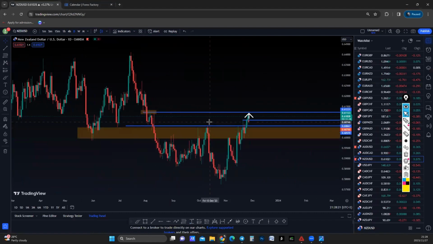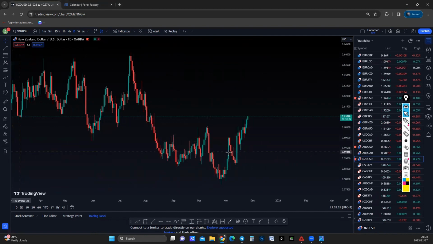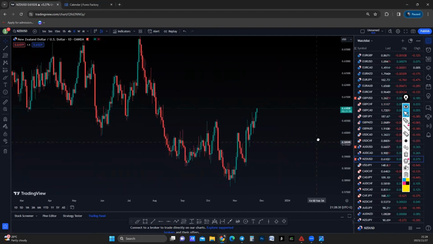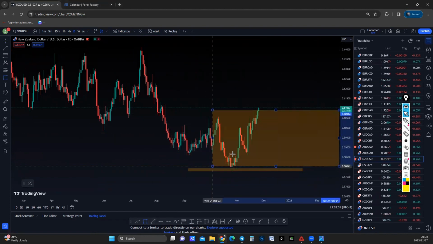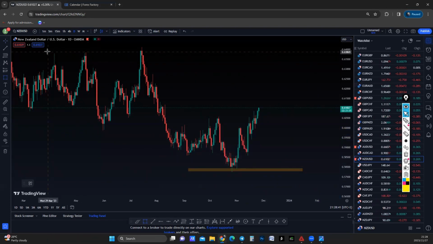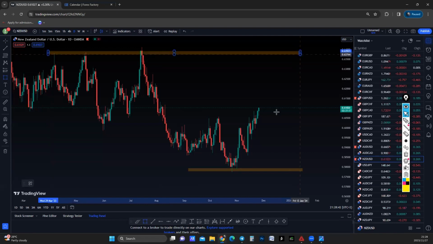This is similar to AUD USD in terms of market structure. We're going to mark the lowest point, the highest point, and then the mid zone.